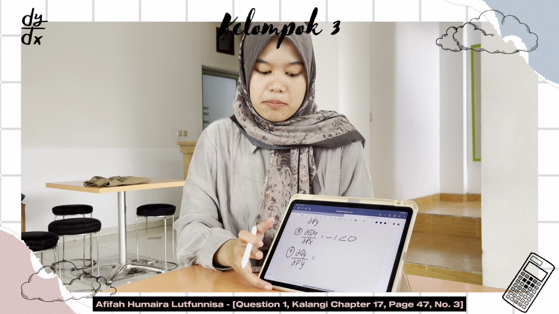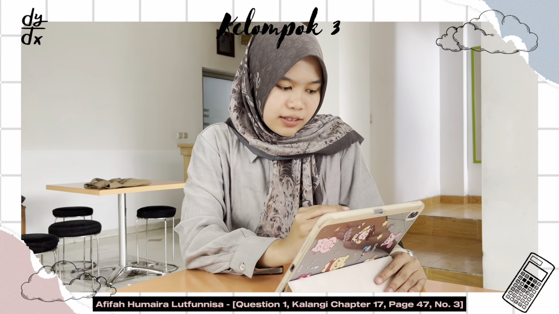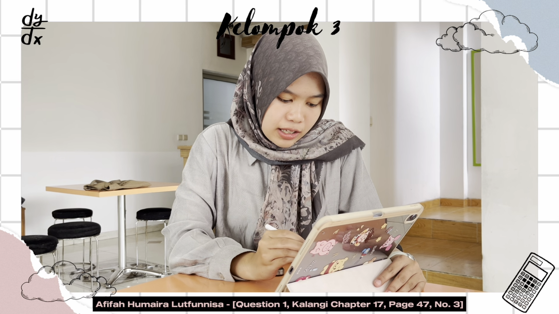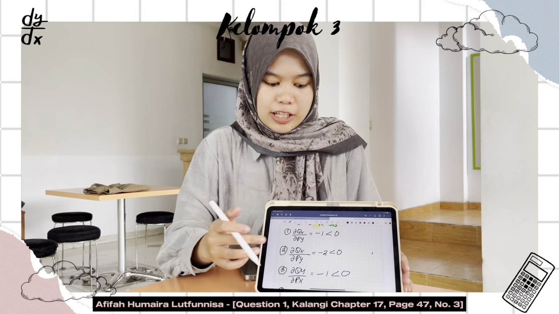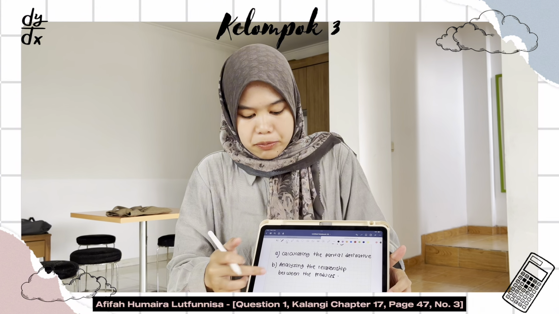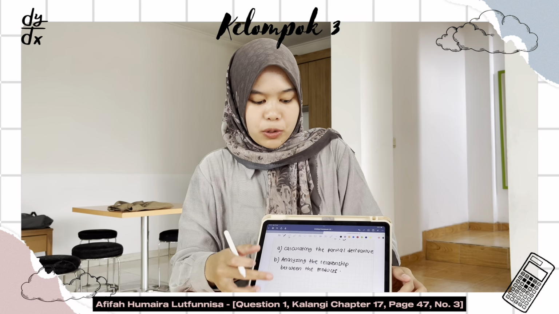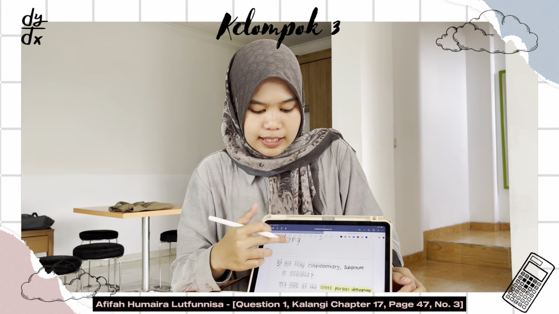So do Qy per do Py is negative 3, which means less than 0. Then question number B is analyzing the relationship between the products.